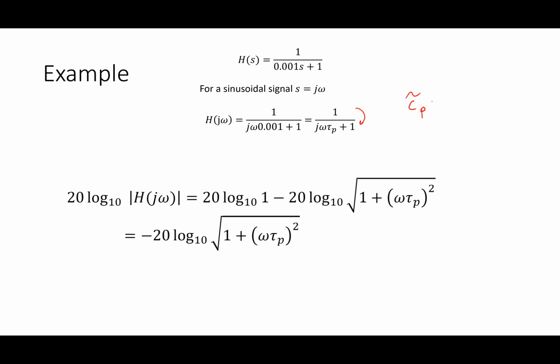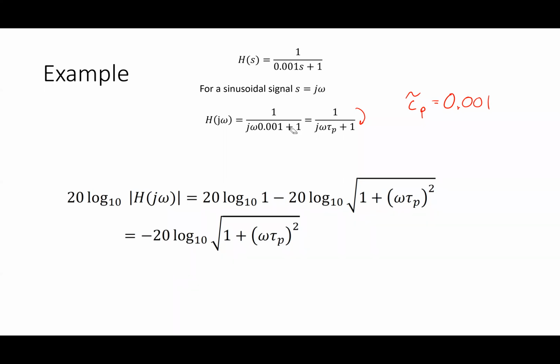I'm going to use this term tau p. Tau is a time constant; we use the term tau for time constants when you learn first order circuits. That tau is 0.001.